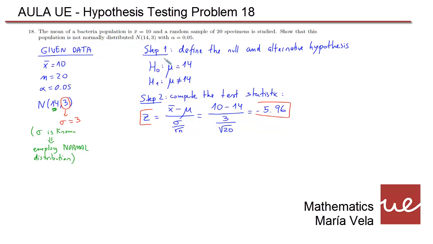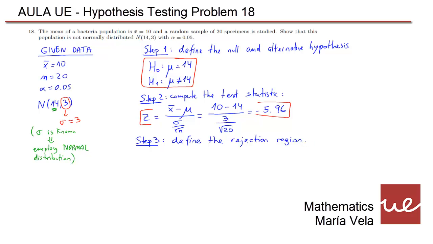Okay, let's go on with the third step. Step number 3 is going to be to define the rejection region. Let me just remark that in order to define the rejection region, we need to realize that for this particular example, the alternative hypothesis is a hypothesis with two different possibilities, right hand side, left hand side.